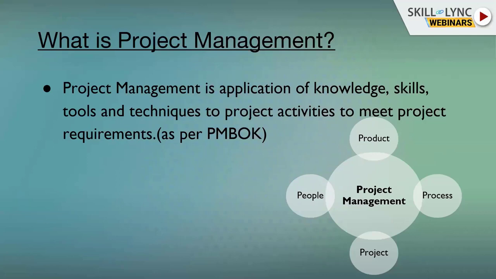Basically, project management involves 4 P's. For the delivery of a particular product, we need a certain kind of process. That process can be done with a certain set of skilled and experienced people, right? Those skilled and experienced people form a chain of actions and a chain of sequential activities, which comes under process, to deliver that particular product.